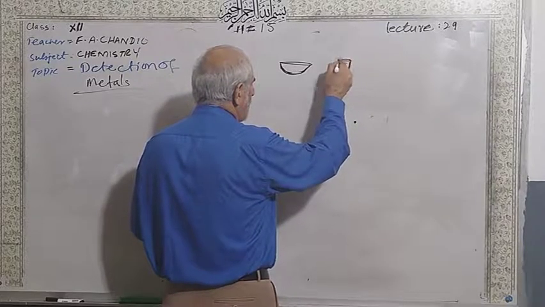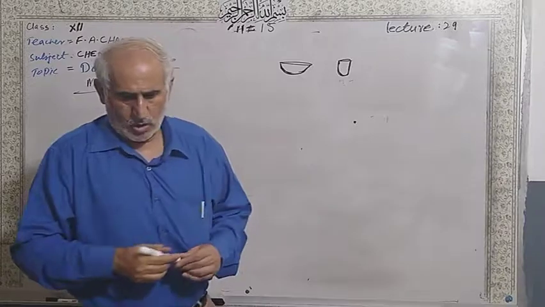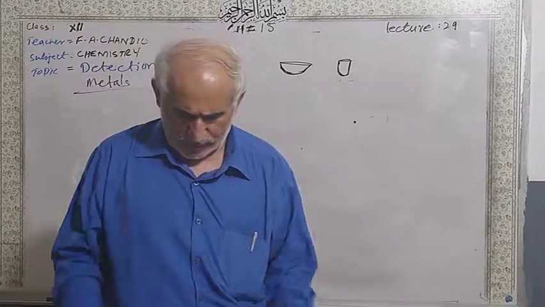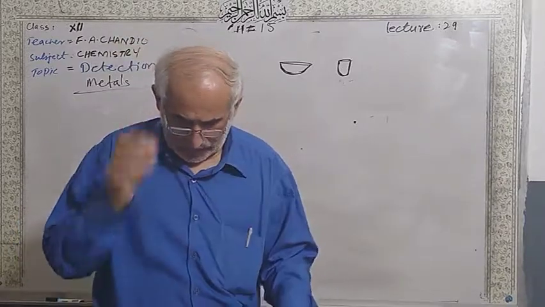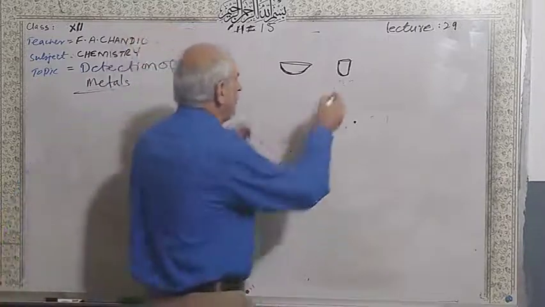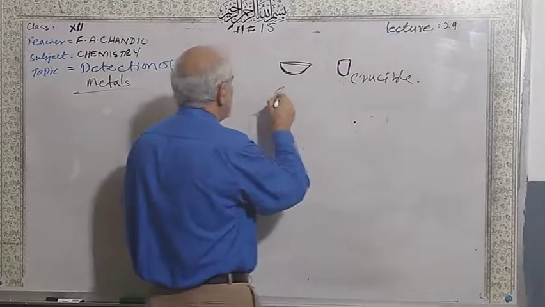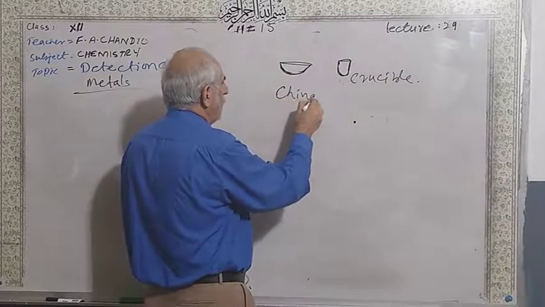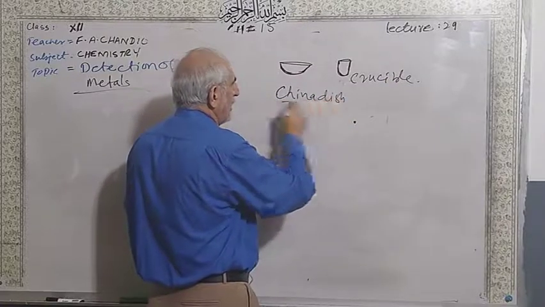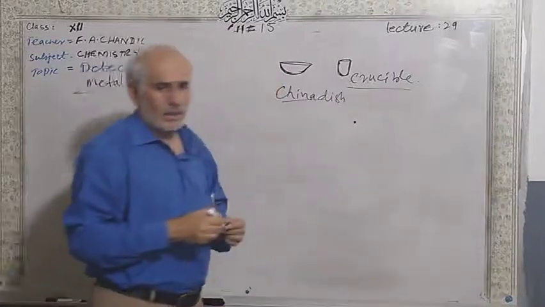The material which is called a crucible. We call it crucible, C-R-U-C-I-B-L-E. This is the cyanolysis, and this is called the crucible.